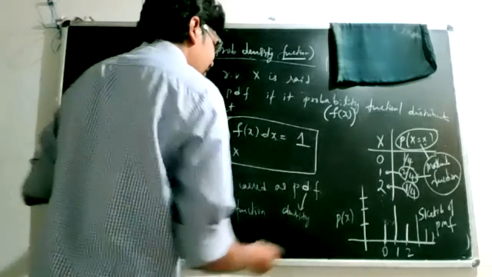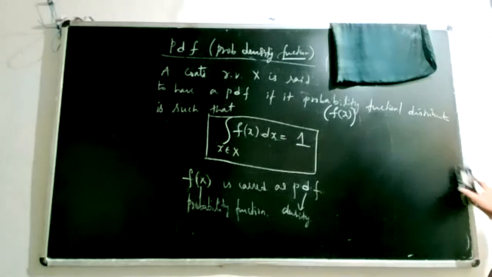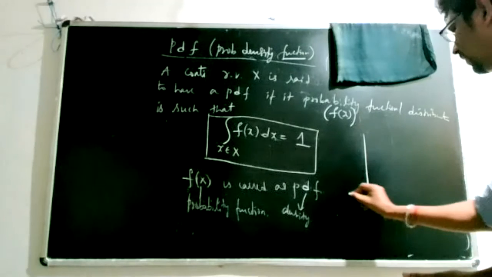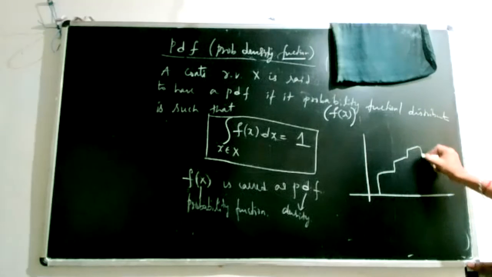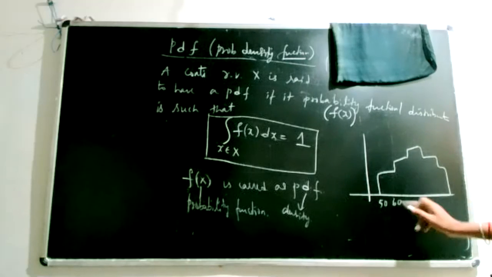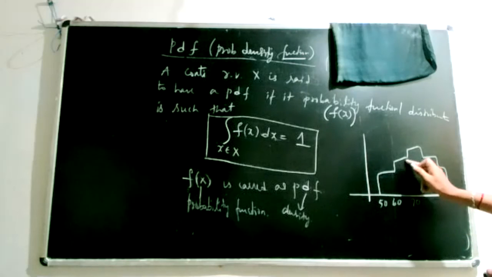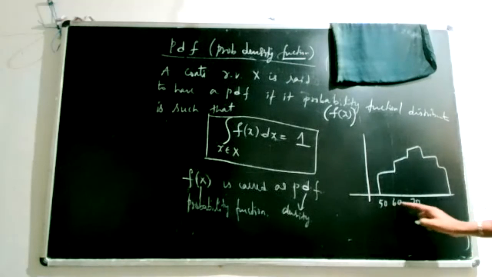Now, if you look into the sketch of this for various cases, let me say you're talking about the graph of a continuous distribution. So you'll have a shape like a histogram. So you have, say, 50 to 60, probability is 0.5, 60 to 70, it is 0.8, and so on. So this is what is happening, but in a more general form.